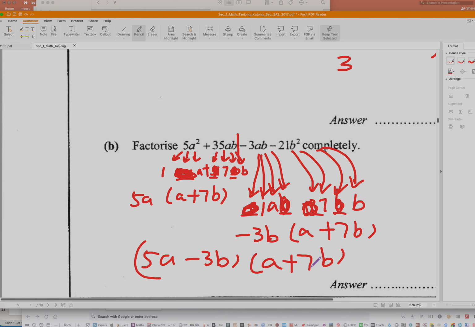Because after this is plus, you should let yourself know it should be minus. So if you take out minus 3 and b, you end up with a plus 7b. Therefore this should be plus. If you present your answer this way, you are wrong.